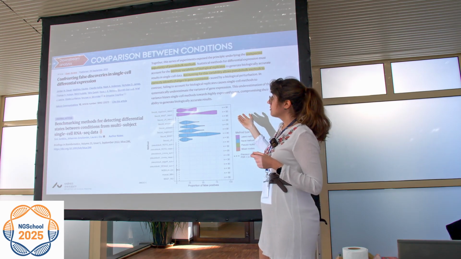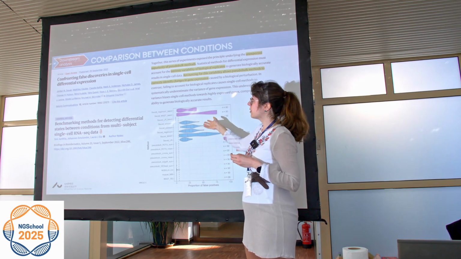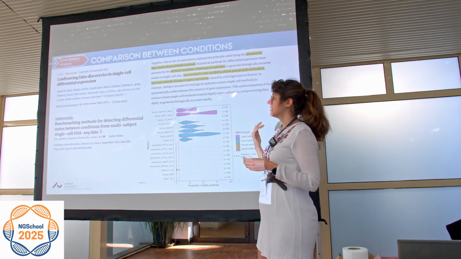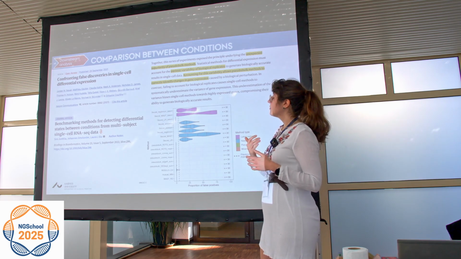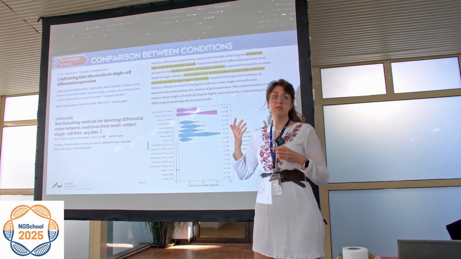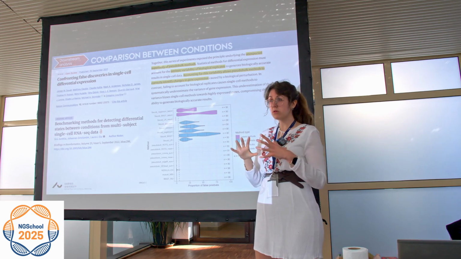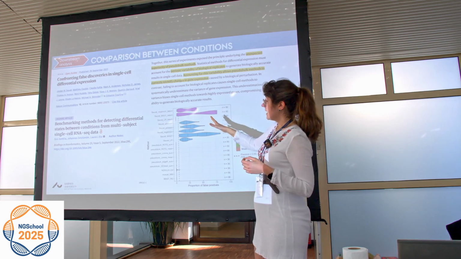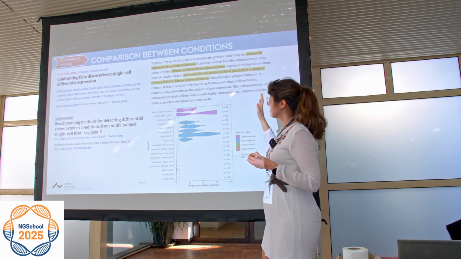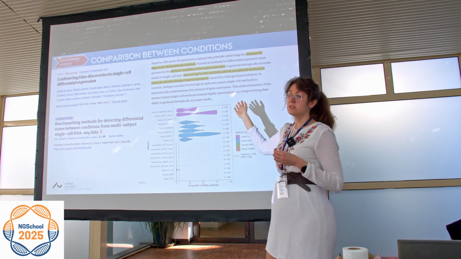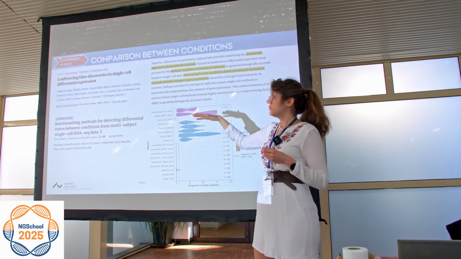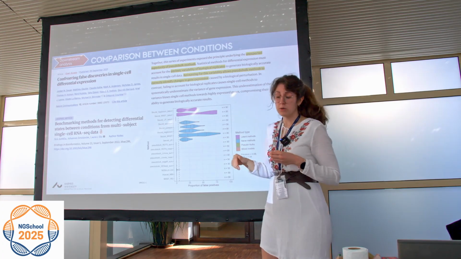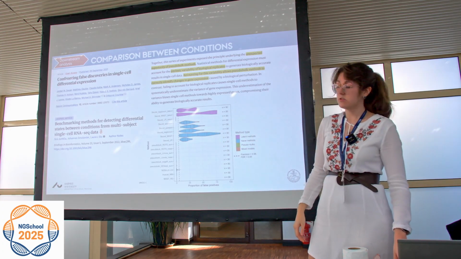And then the most approved approach now is to do pseudo-bulking and then apply DESeq, which is a bulk RNA sequencing method, but it assumes a negative binomial distribution. It models correctly the type of data that we work with. So that's the best practice approach to use. If you have different conditions, you need to have replicates and apply a pseudo-bulk approach to get correct differentially expressed genes.